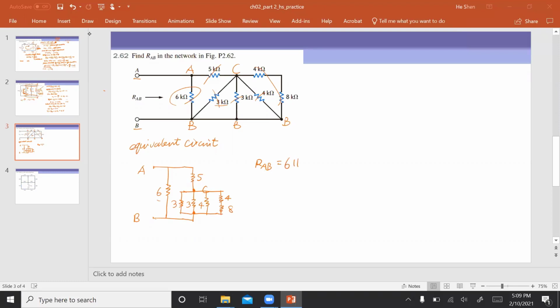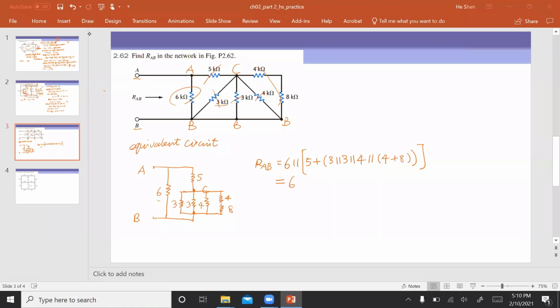It's in parallel with the whole rest. And for the rest of the network, we have 5 in series with all the rest. We have 3 in parallel with the 3, in parallel with the 4, in parallel with the 4 and 8 in series.